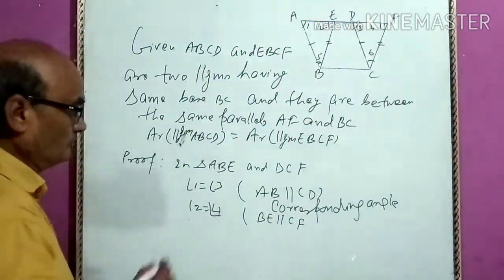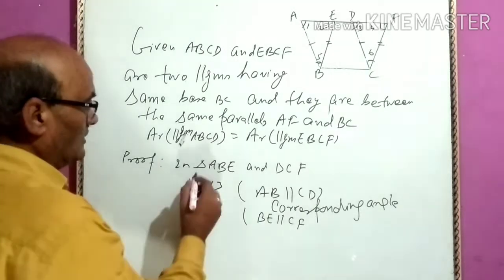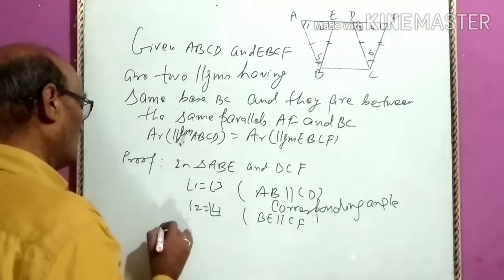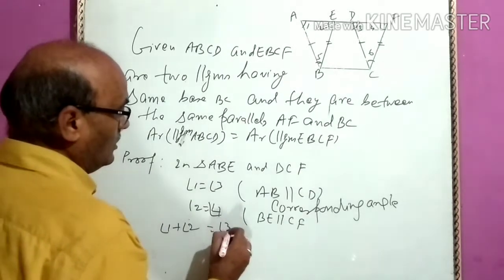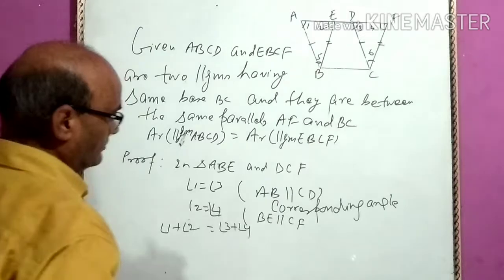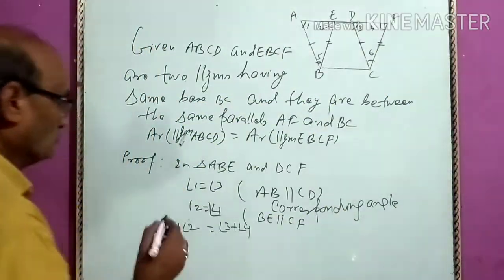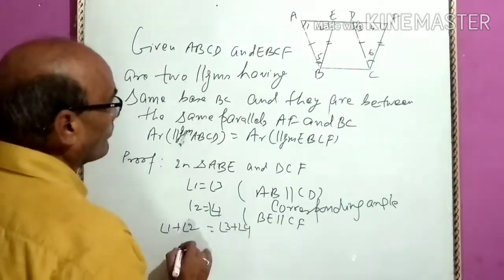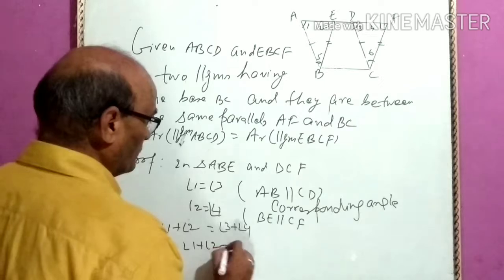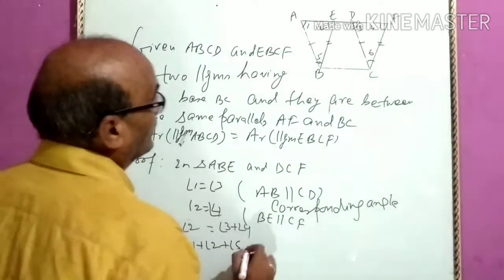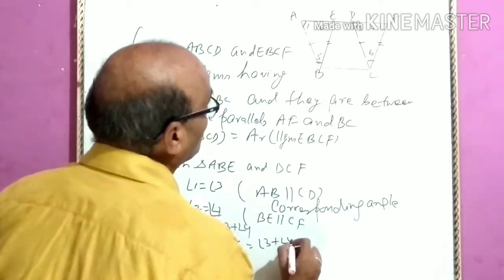First of all, you see that angle 1 plus angle 2 is equal to angle 3 plus angle 4. Now, by the angle sum property, 1 plus 2 plus 5 is equal to 3 plus 4 plus 6.